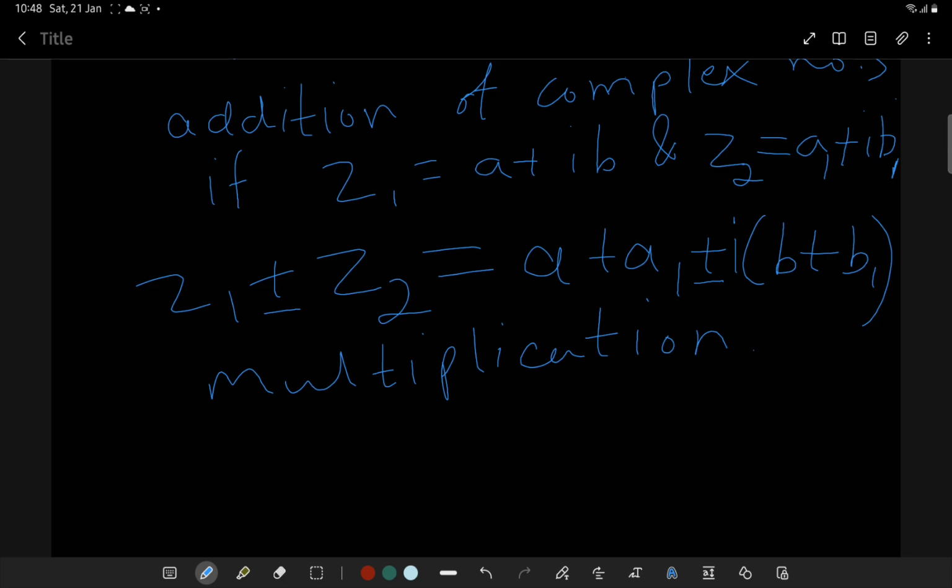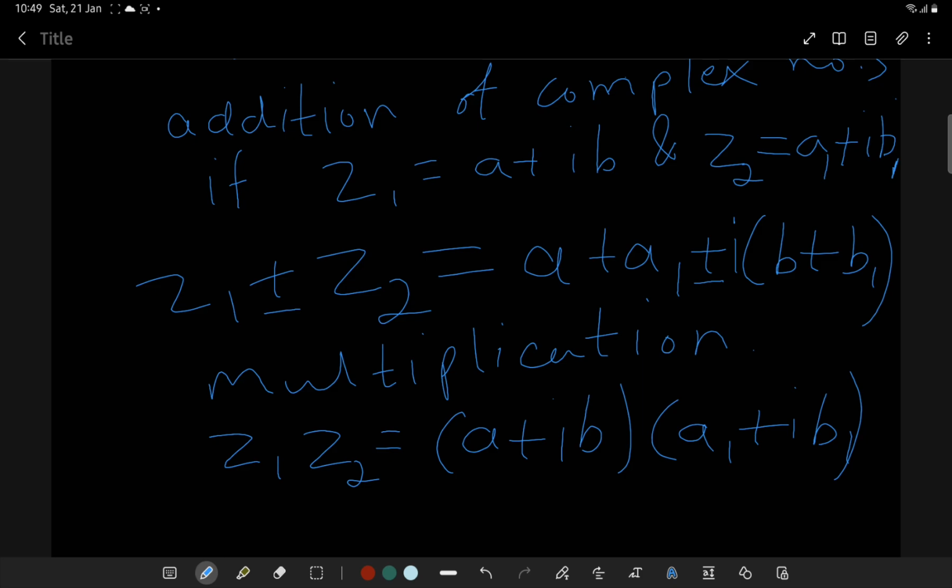Coming to multiplication now, z1 z2 is equal to, we multiply a plus ib by a1 plus i b1. Here we multiply them respectively: a a1 minus b b1, plus i times, like we are multiplying this particular factor here, i square is nothing but -1, therefore for finding the imaginary part, we will get a1b plus b1a.